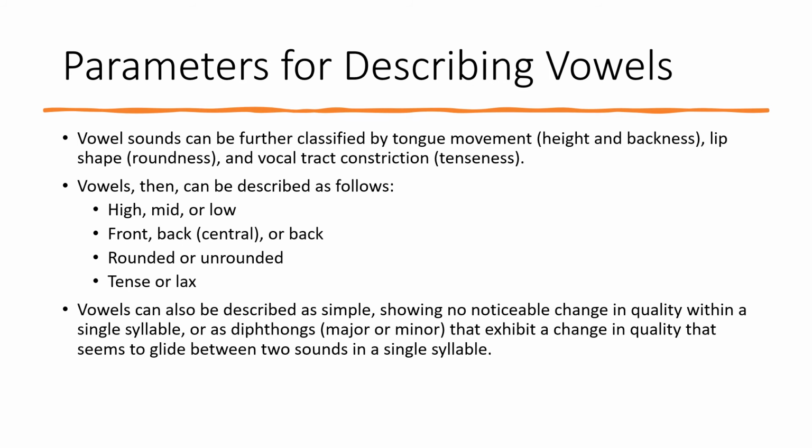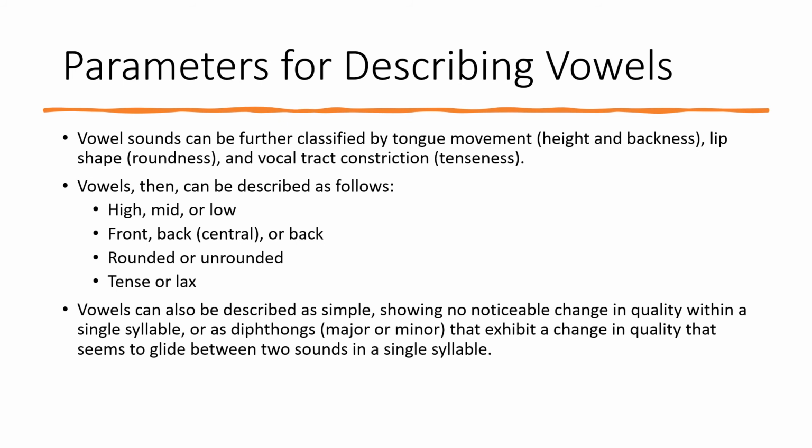Or they can be diphthongs. And diphthongs are either major or minor, and they exhibit a change in quality that seems to glide between two sounds in a single syllable. So a diphthong might be something like buy. So when you buy something, right, that I sound, if you pay attention to it, it feels like it's two different sounds, but we still have one syllable.